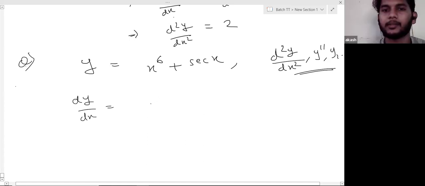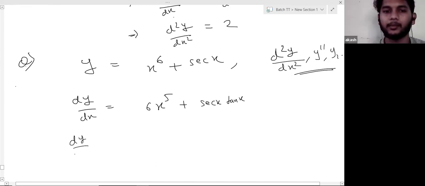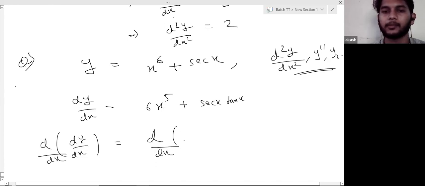dy by dx, this is 6x raised to the power 5 plus, what is the differentiation of sec x? So sec x tan x. Right? So again, if we try to differentiate this, and you have to use product rule here.